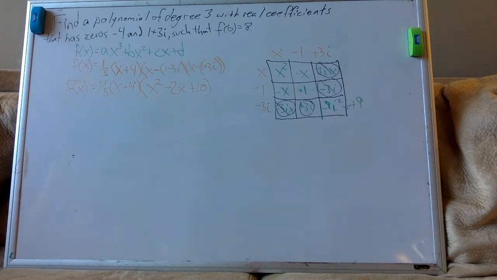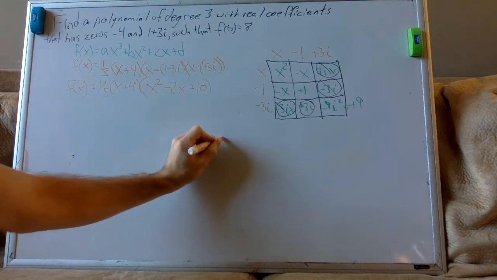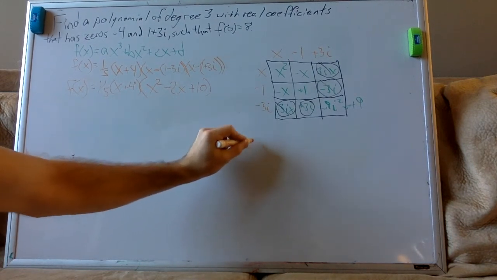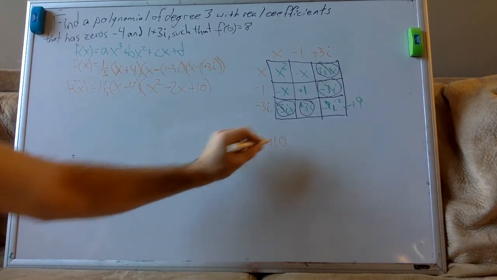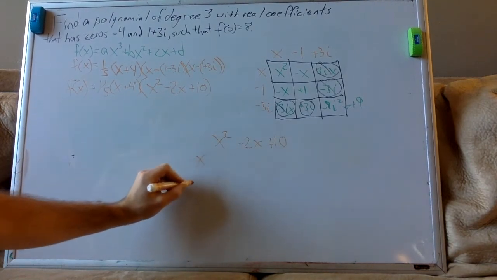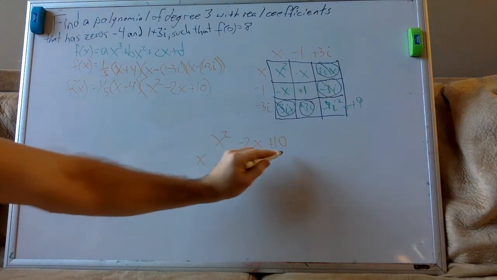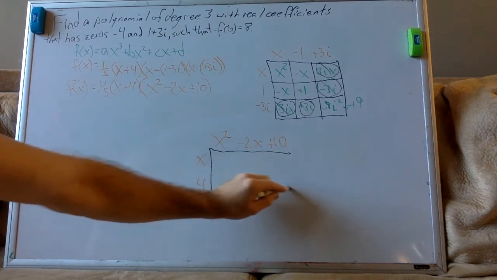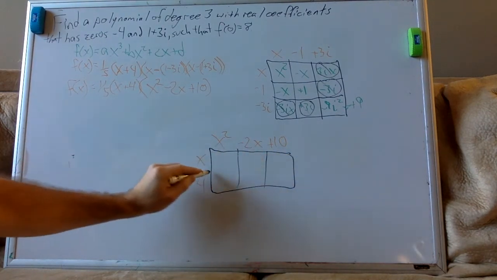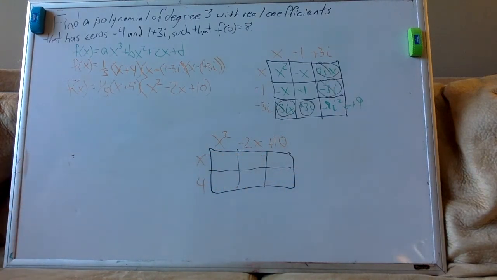So then I can go through that multiplication again. Here I have my x squared minus 2x plus 10. Over here I have x plus 4. So I'm going to make my grid and multiply through.